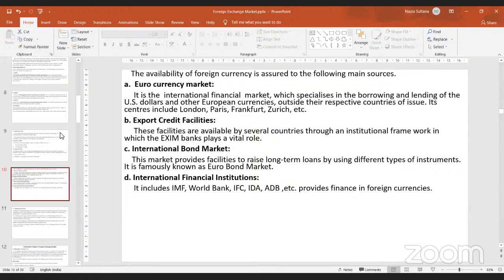In that scenario, all the people who want to borrow or lend currencies, which are in US dollars or any of the European currencies, come together in a euro currency market. The euro currency market basically specializes in borrowing and lending of dollars and other European currencies.